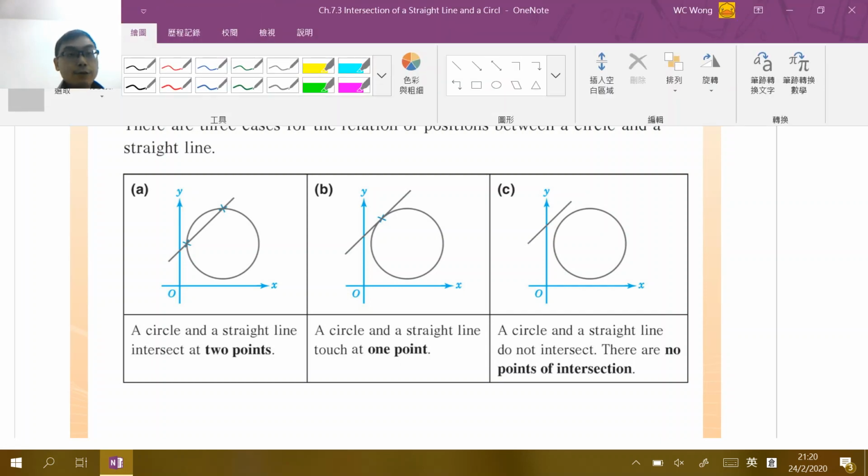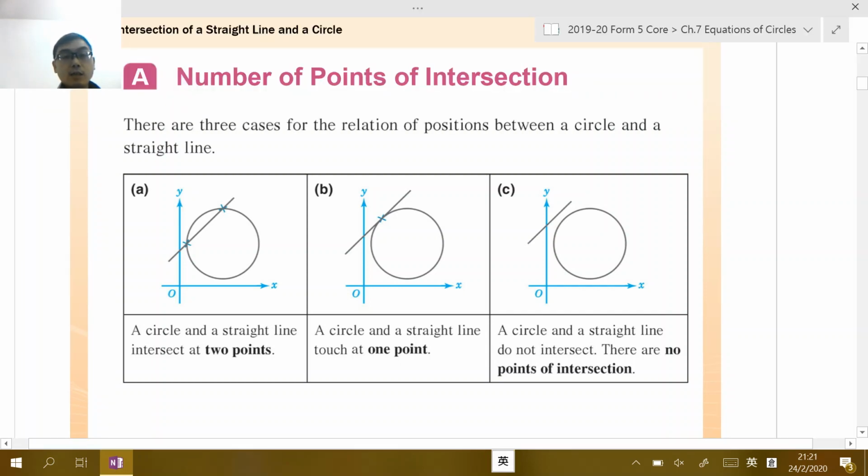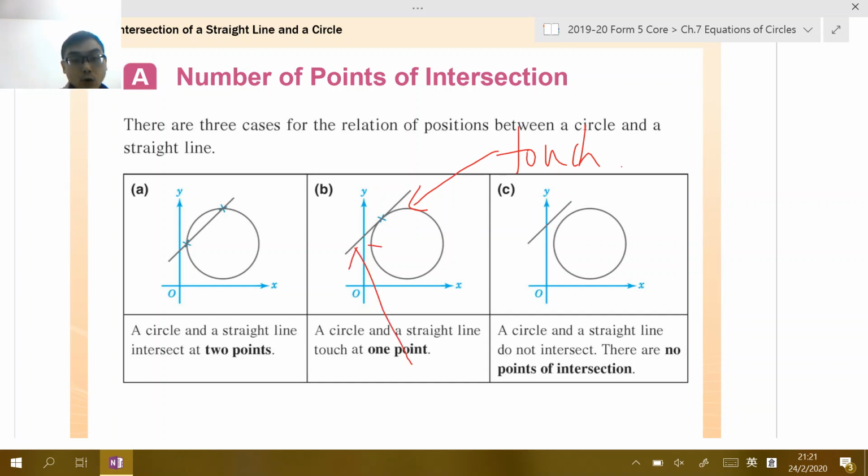For 2 points, it's just a general case. For no points of intersection, it just means that the line and the circle are separated. They never intersect. But do remember this case: if you have only 1 point, we say the line touches the circle. We call it the tangent to the circle that you learned in Form 4.